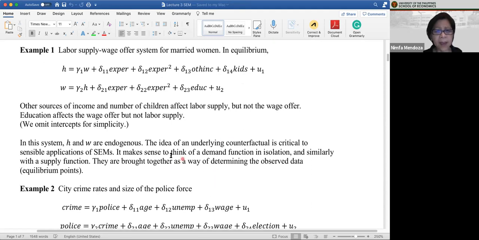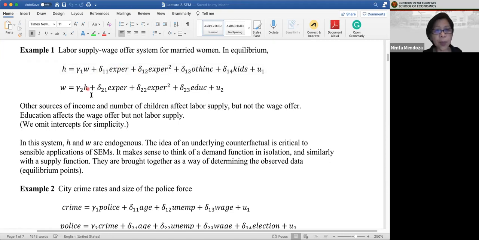Okay. So it makes sense to think of a demand function in isolation. Okay. And so the demand function is this wage offers equation. And we have the labor supply function as the first equation. Okay.